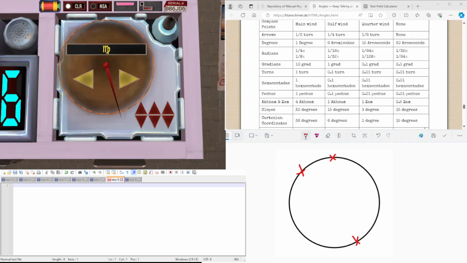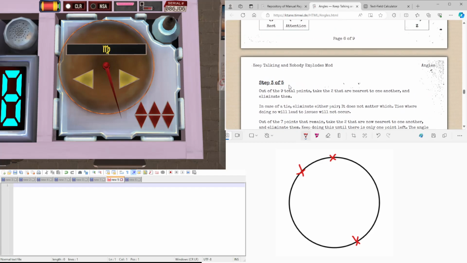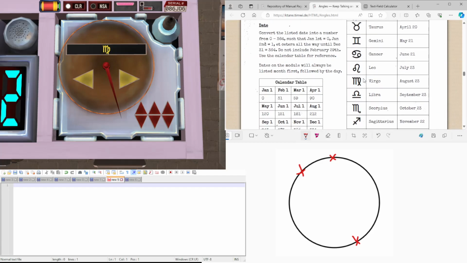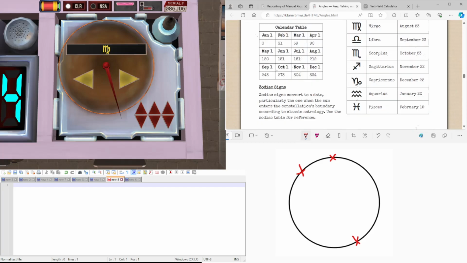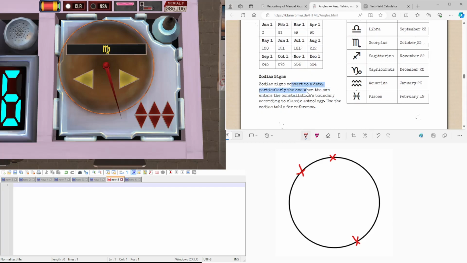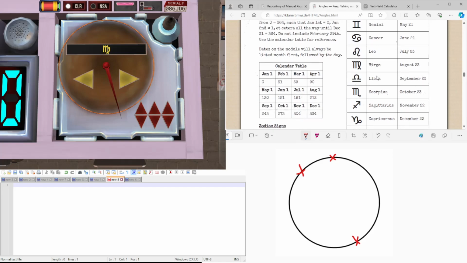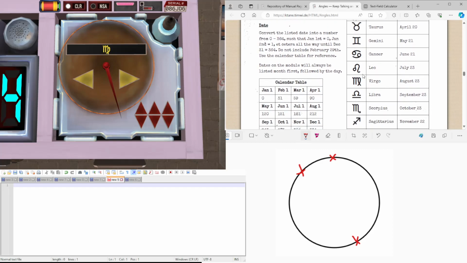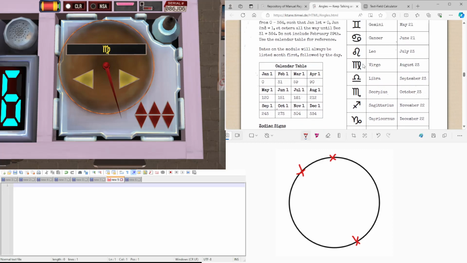Next, we have a zodiac symbol, which is related to the date format. We're going to be finding our zodiac symbol. It's converted to a date, the one specifically where the constellation's boundary begins according to classic astrology. So we're looking for our one here, which I think is going to be Virgo.